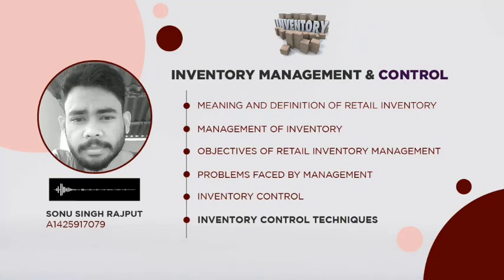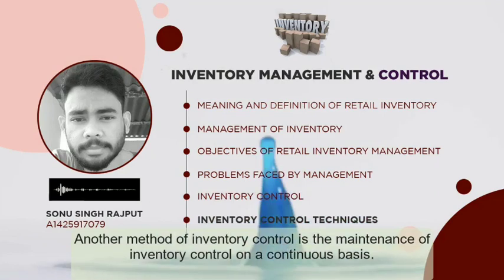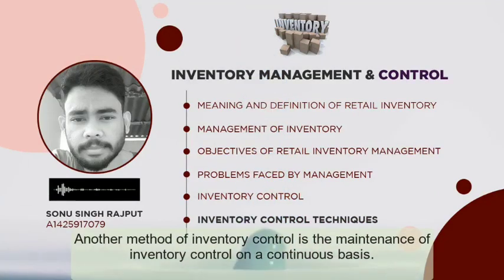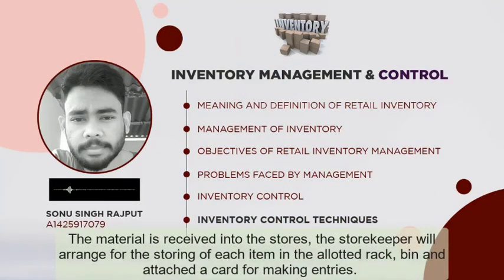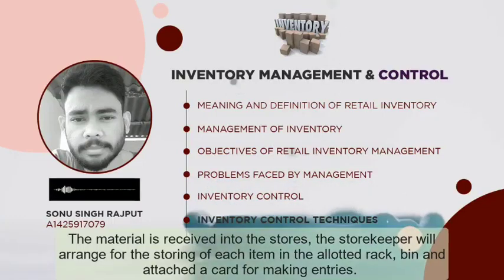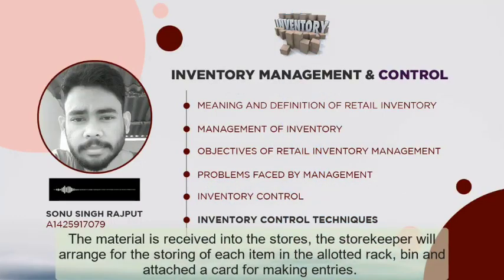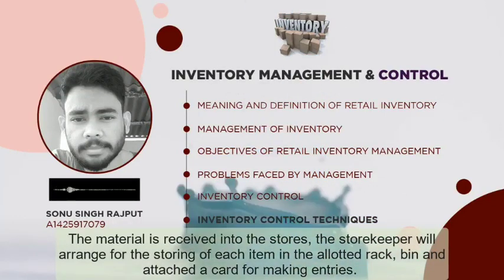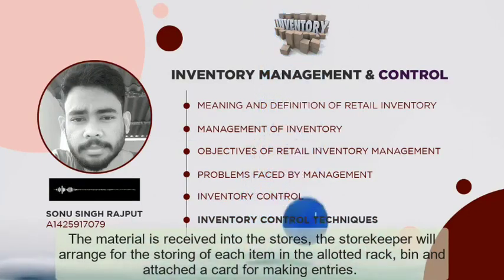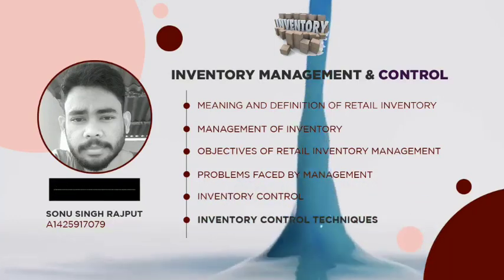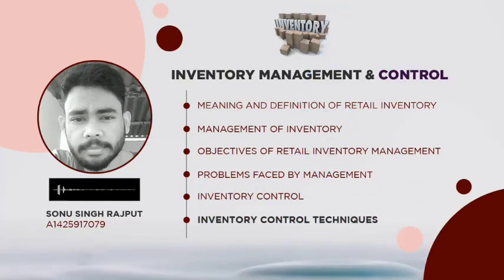Next, the perpetual inventory system. This method of inventory control is the maintenance of inventory records on a continuous basis. This is really an important step. Whatever material we receive in our store, the main important work of the storekeeper is to arrange all the items in the allotted rack or bin, and also attach a card for making entries, because this card will become the perpetual inventory record for each and every item.